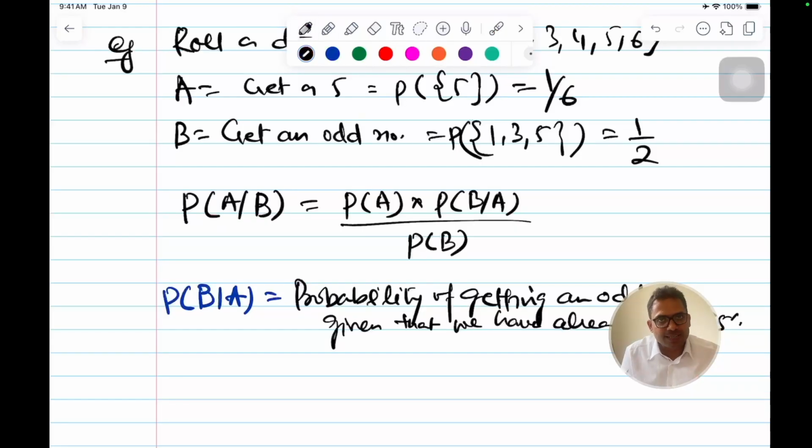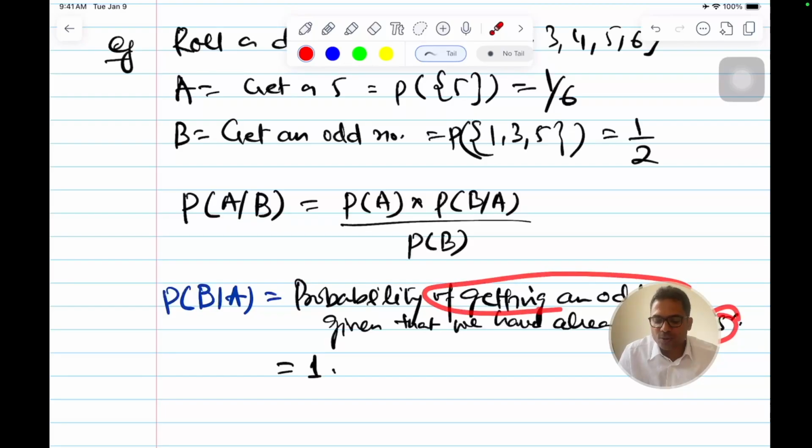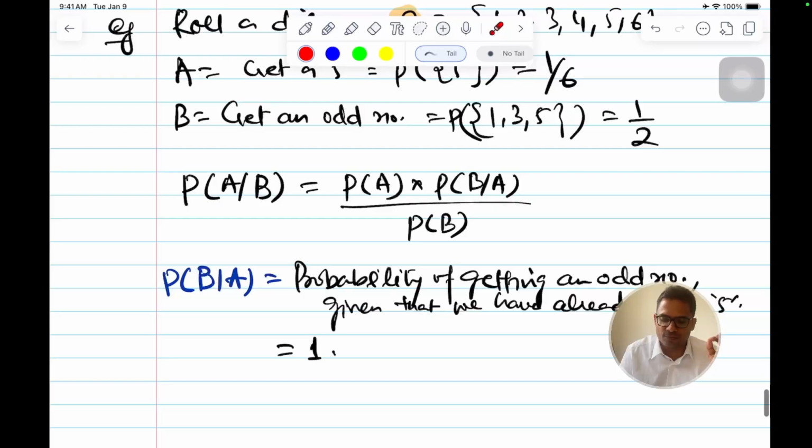What is the probability of getting an odd number now? This probability will be equal to 1, because 5 is an odd number and we want to get an odd number. If we had got 2, 4 or 6, then this would be 0. But since we wanted an odd number and we know that we have got a 5, probability of B given A is 1. I have got an odd number for sure.